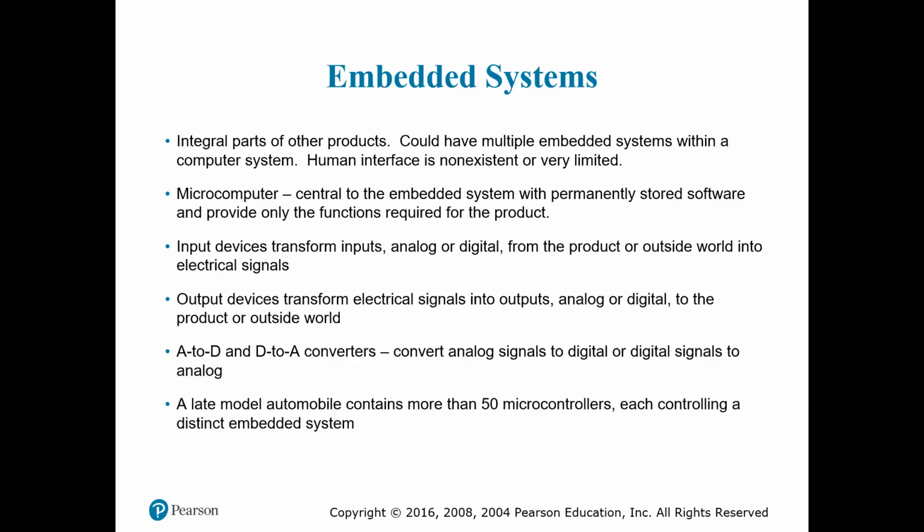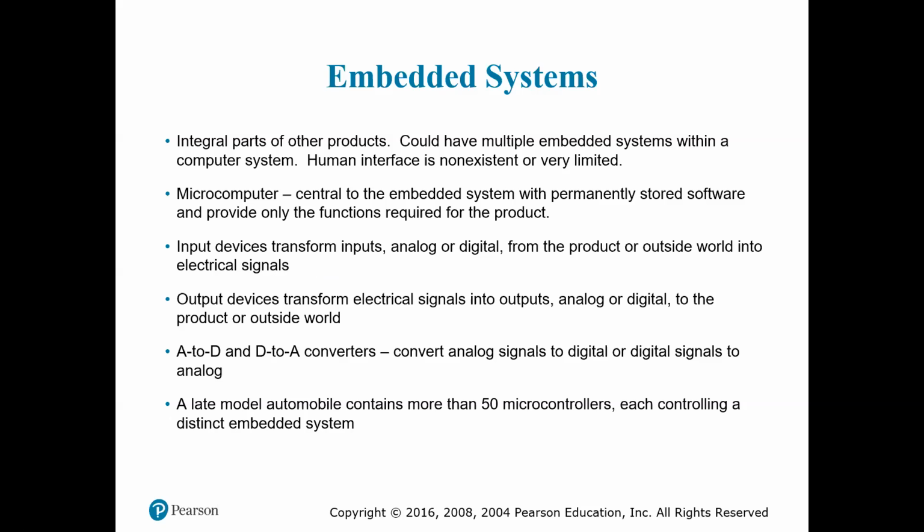Input devices transform inputs, which are analog or digital, from the product or outside world into digital or analog signals. And we use A to D and D to A converters to do this.